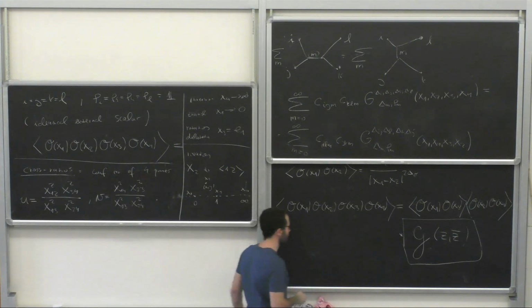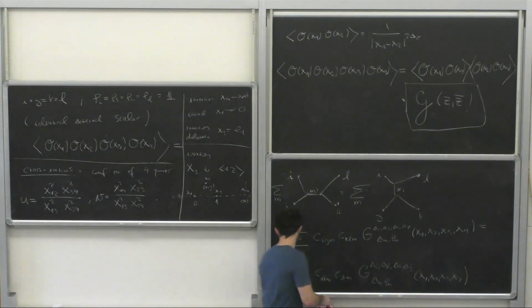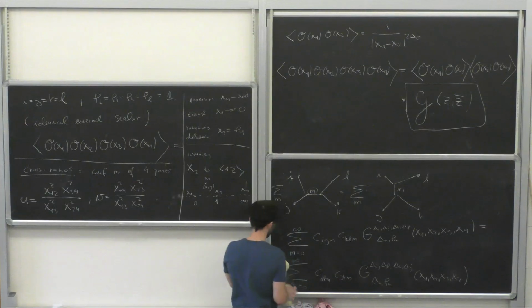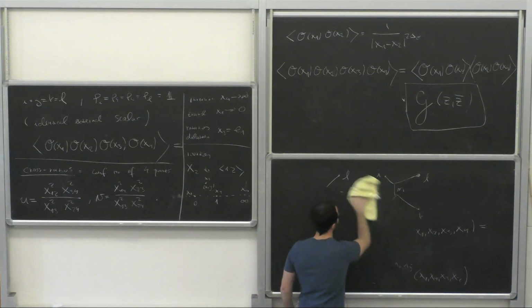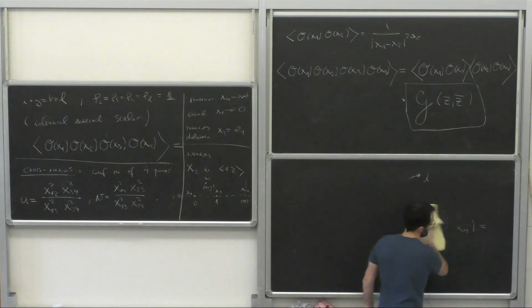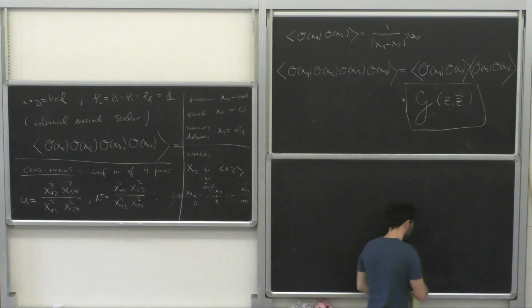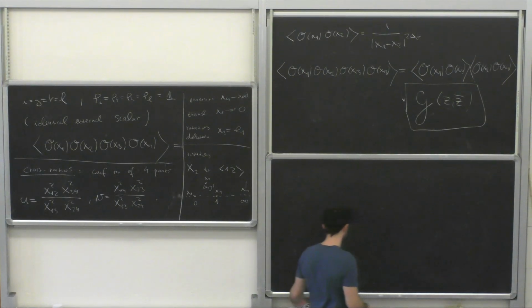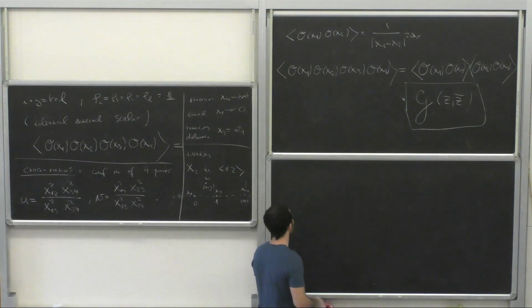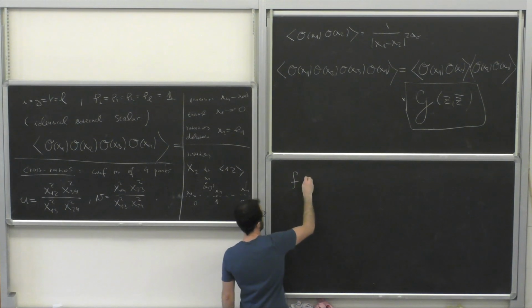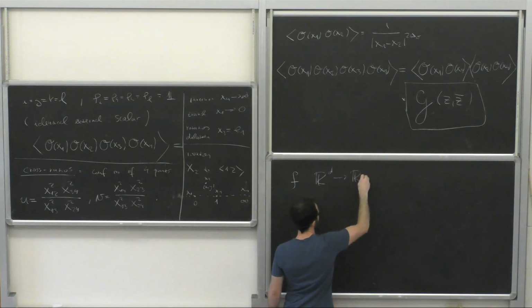Okay, maybe I should write the finite form of the transformation. Because up until now we have thought about the conformal generators as the algebra elements. So maybe it's useful to write how the scalar primary operators transform under finite conformal transformations. So imagine that we have some mapping from R^D to R^D, which is conformal.